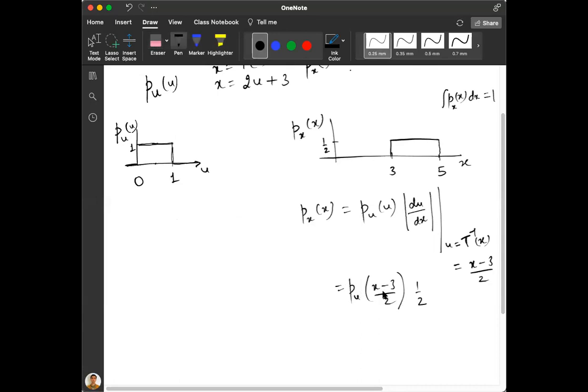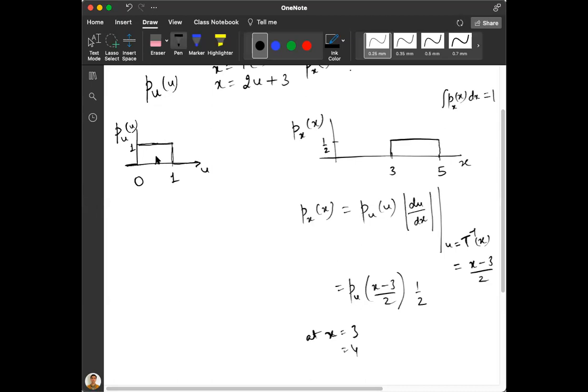And you can verify it. Let me put the value 3. So it's (3 minus 3) upon 2, so p_u of 0 is 1, times 1 upon 2. So the answer is 1 upon 2. At x equal to 3, you get 1 upon 2. Similarly, at x equal to 4, you compute (4 minus 3) upon 2, which is 1 upon 2.